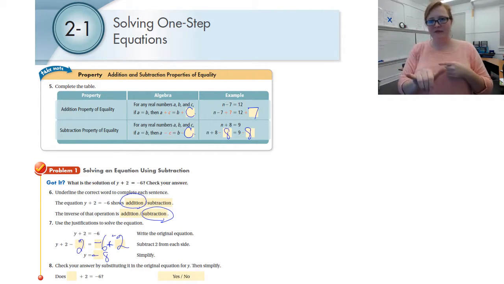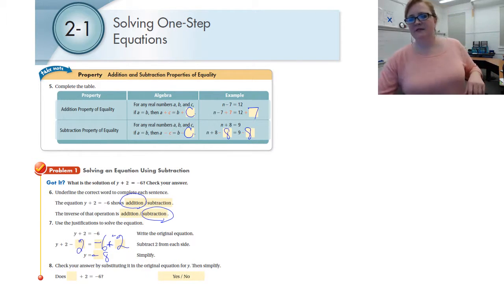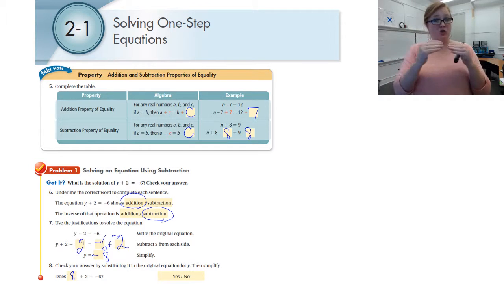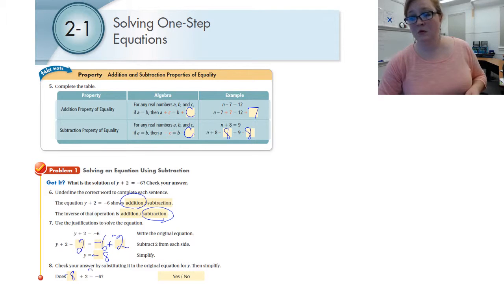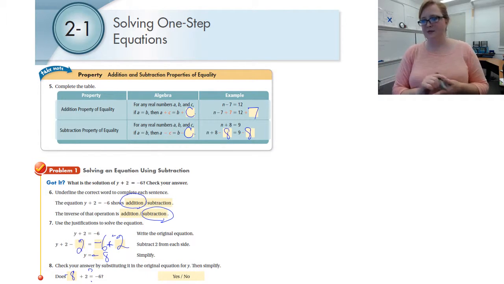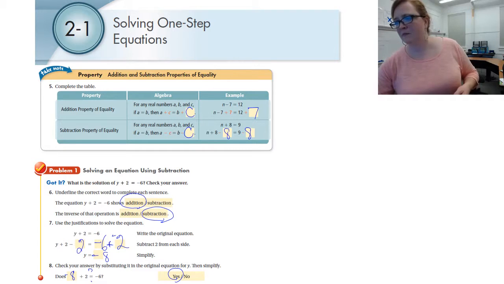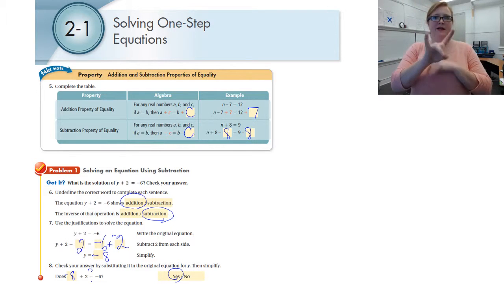Then simplify. Does negative 8 plus 2 equal negative 6? True? Yes. Y equals negative 8 is a solution to that equation, y plus 2 equals negative 6.